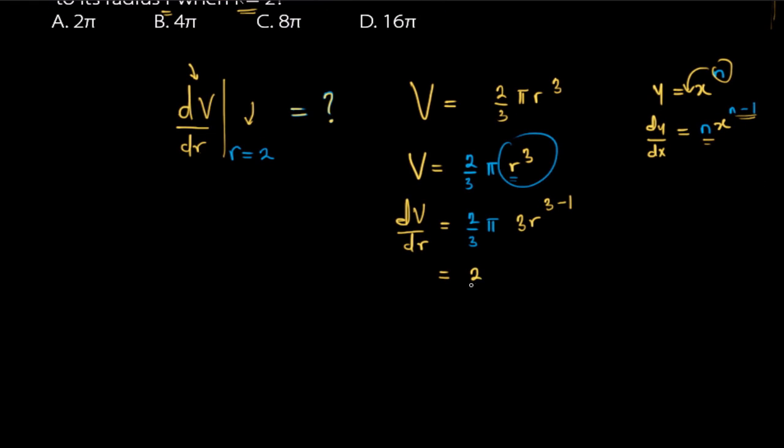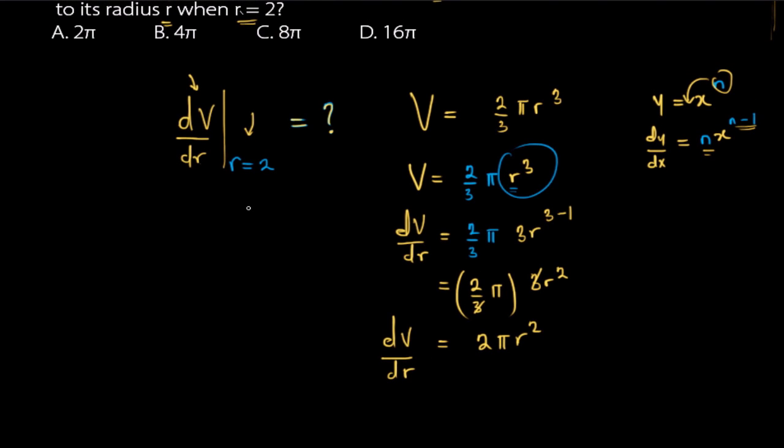So this is going to be 2 over 3 pi times 3r to the power 2, since 3 minus 1 is just 2. Now the 3 here cancels the 3, so you have 2 pi r squared. So in other words, dV/dr equals 2 pi r squared.